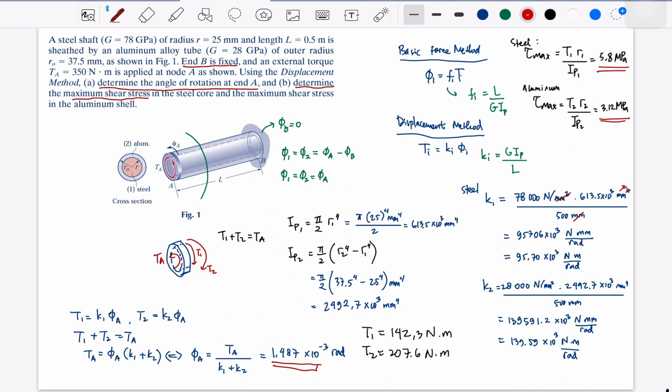And then depending on the questions that are being asked, whether it's asking the torque or maybe asking the tau max, then you could choose. Okay? Or if it is maybe asking the allowable diameter for this kind of external torque, then you can just use the same principles, okay, and guidance to find the solutions.